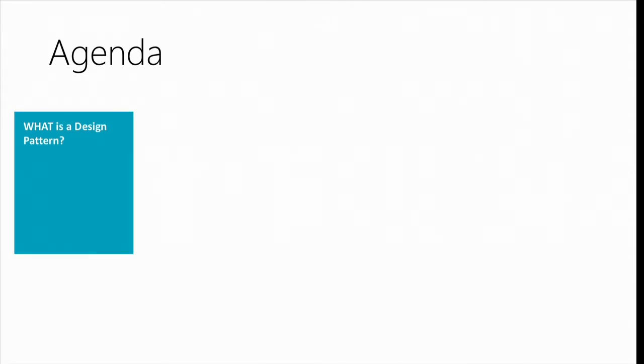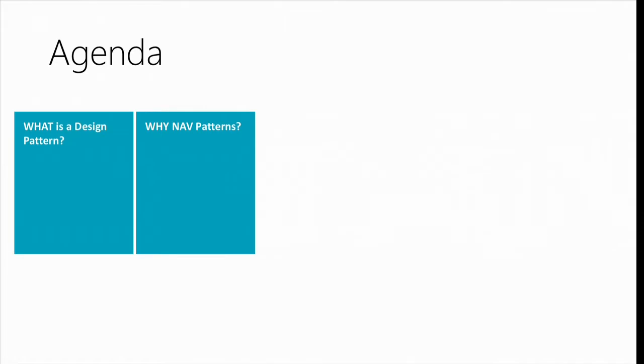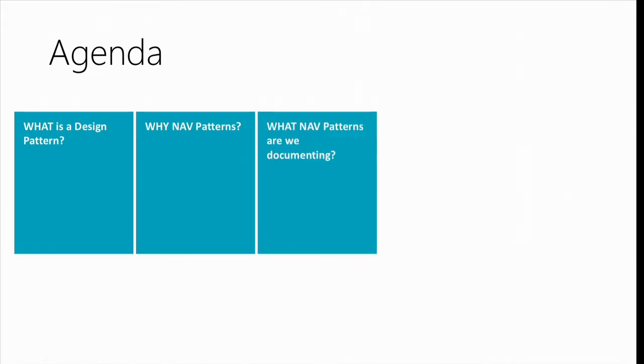Okay, enough storytelling. This is what we are going to hear about today. I'm going to talk very shortly about what is a design pattern, why use design patterns, and then we get into the interesting part where you actually get to see some of the patterns.